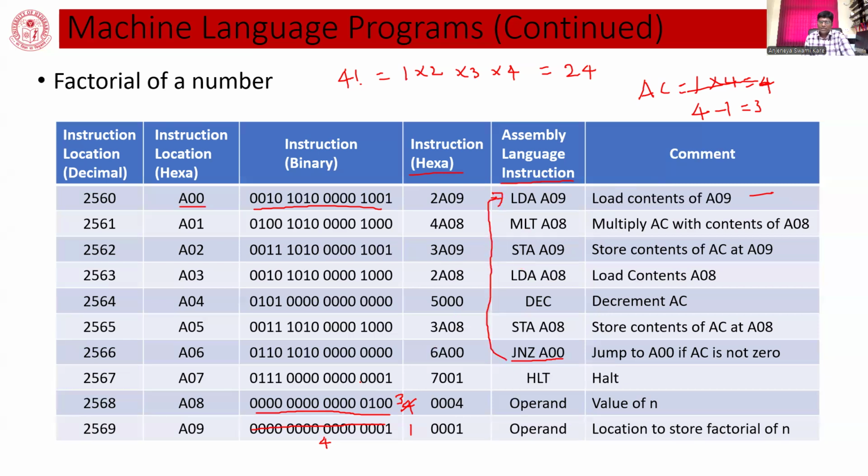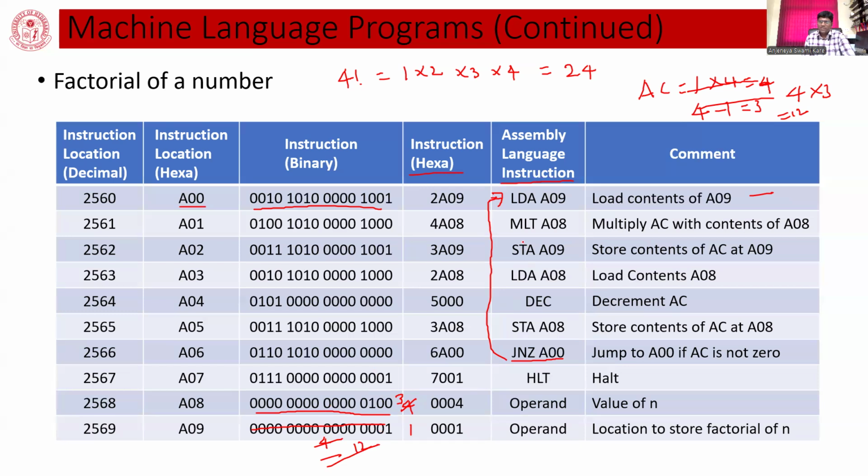Again you will load A09 into the accumulator. 4 is loaded into the accumulator, and you perform multiplication with 3. 4 into 3, which is 12. And then 12 is again stored here.